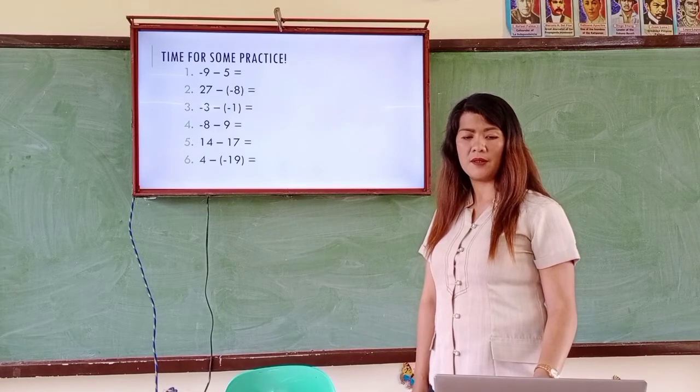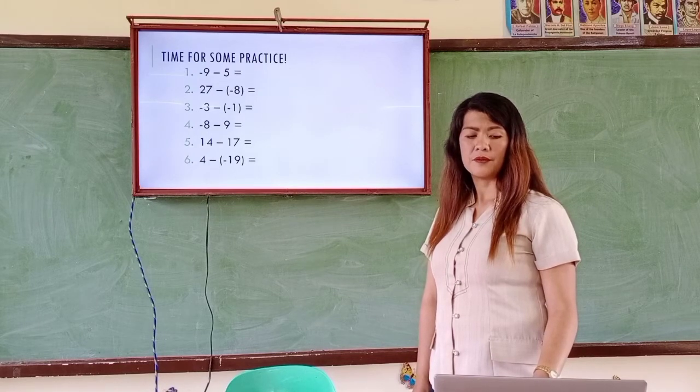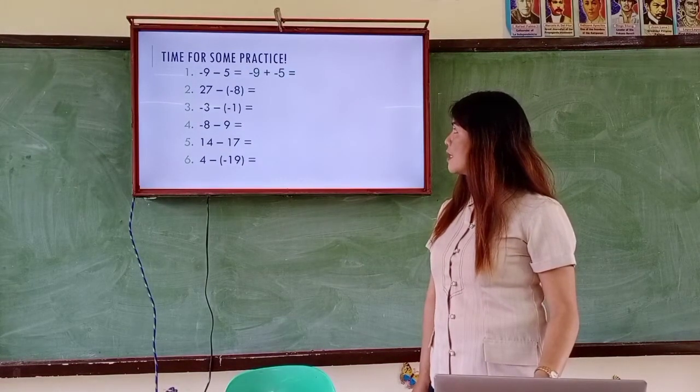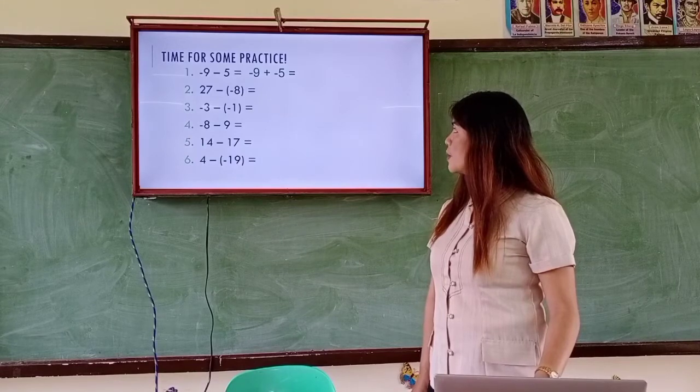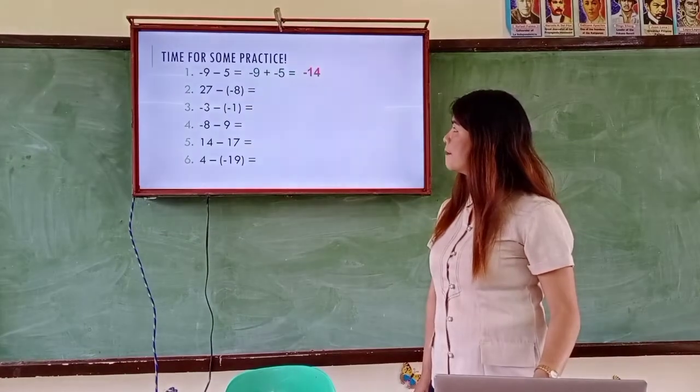Okay, let us practice. Number 1, -9 minus 5. Keep, change, change. Okay, keep -9, change minus to plus, and then change +5 to -5. So -9 plus -5 is equal to -14.